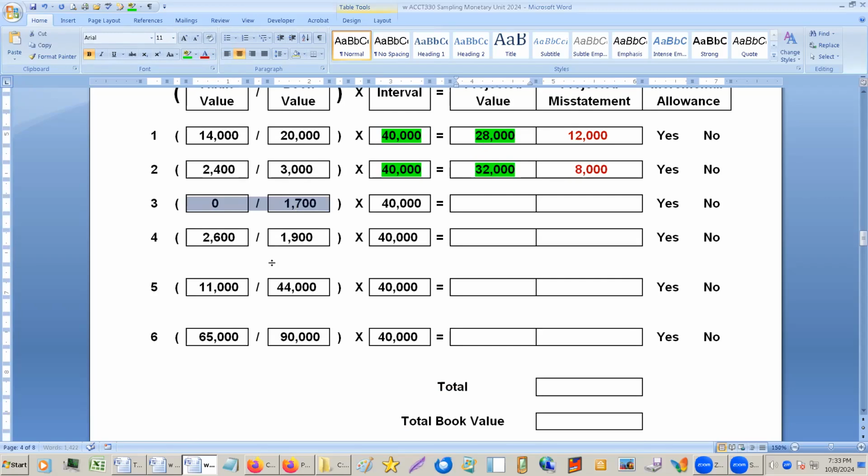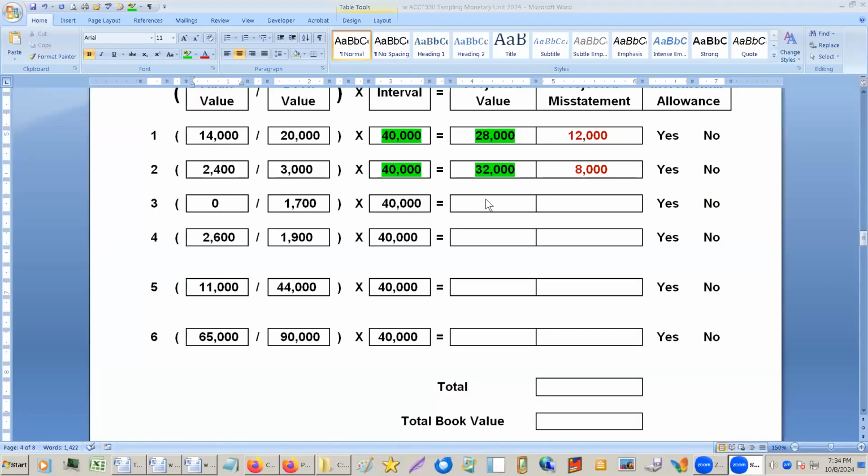Now, this one, you'll see different literature talk about this different ways, but if you have something in their books that they say is worth 1,700 and it's really worth 0, occasionally in the textbooks they'll say if it shows up as 0 and they have some amount on the books, you should investigate as to why.